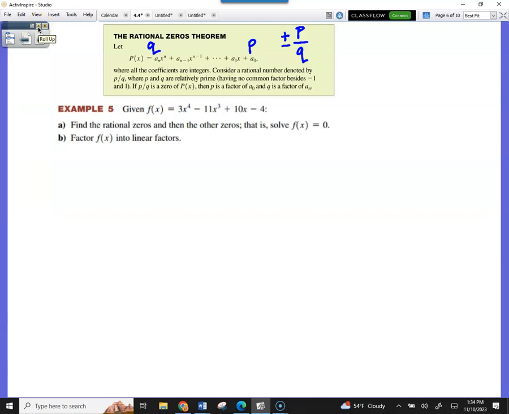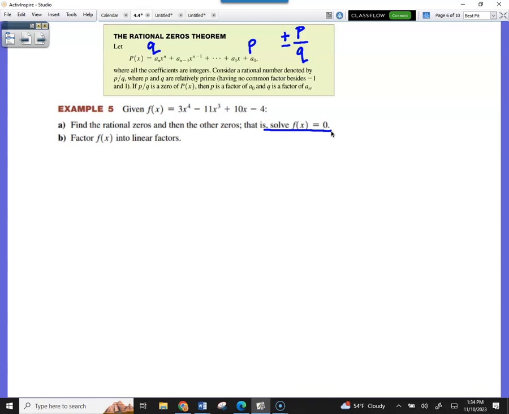It says find the rational zeros and then any other zeros, which means solve it, right? We're going to solve this without using our graphing calculator. Did they give me anything to start with? No. Mind your P's and Q's.